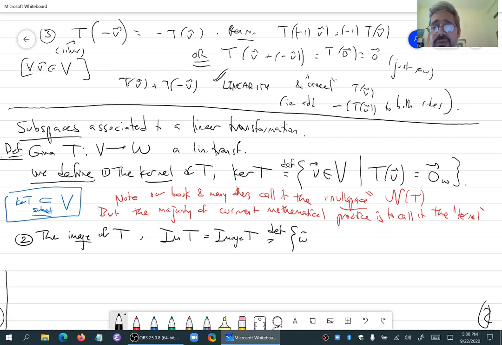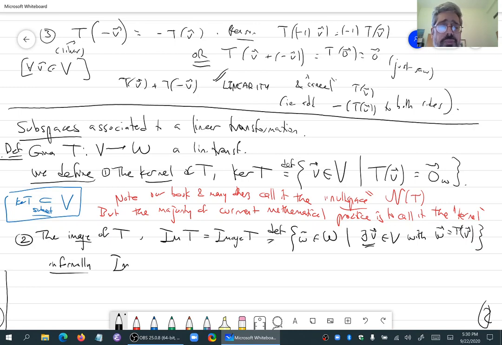So it is those w in W, and here there's a small subtlety, such that there exists a v where w is T of that vector. Okay, so informally, the image of T is the set of all the T of v's where v is in V. And this is actually correct mathematical writing, but for you at your early stages in Math 219, if you try to prove things about images from this statement, you might not realize the importance of the 'there exists', okay?